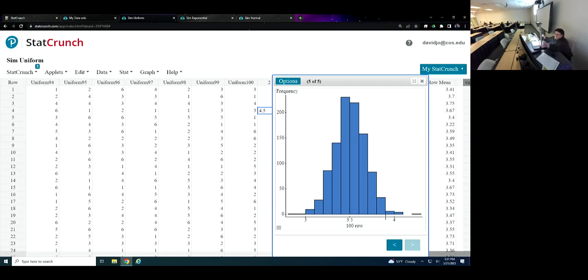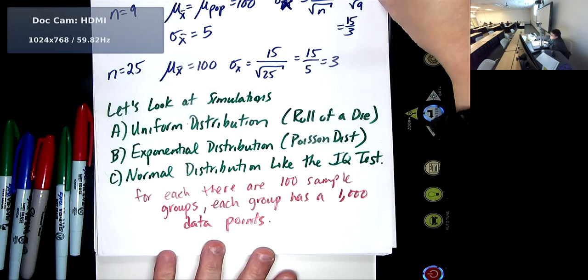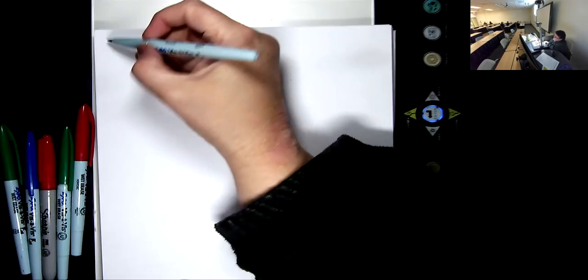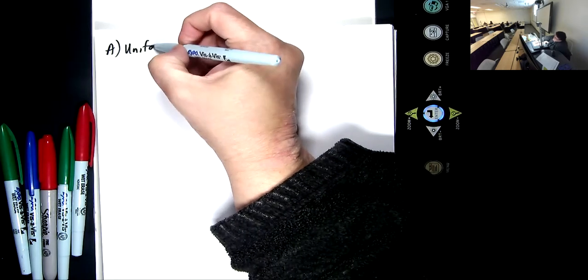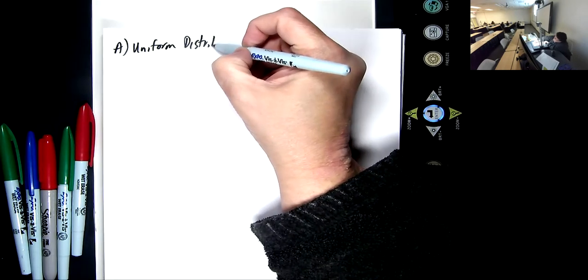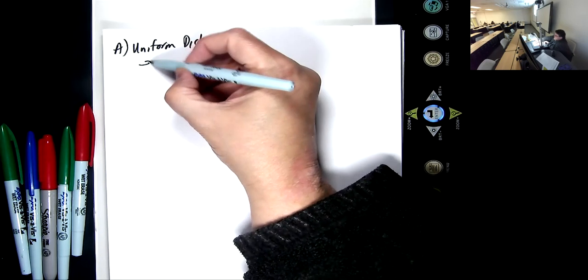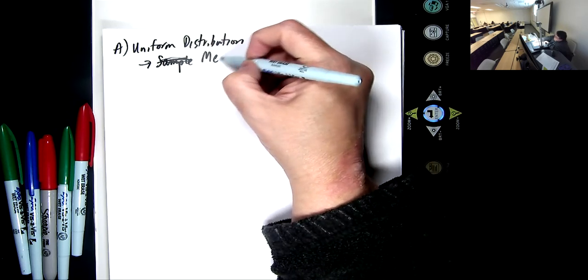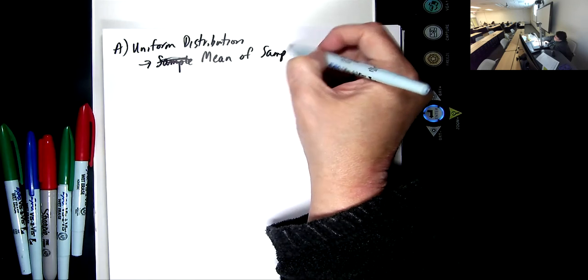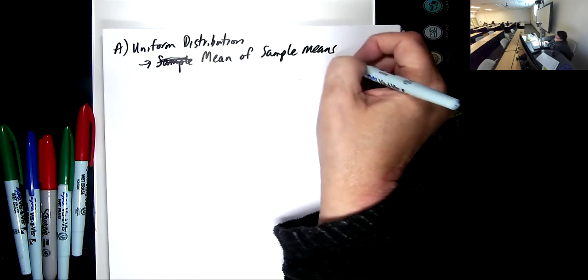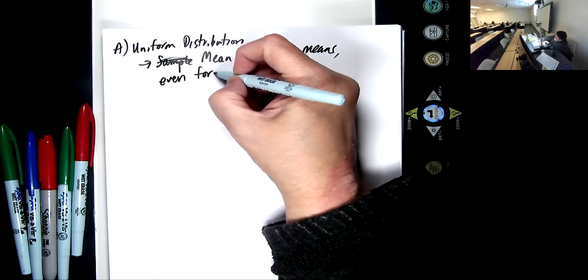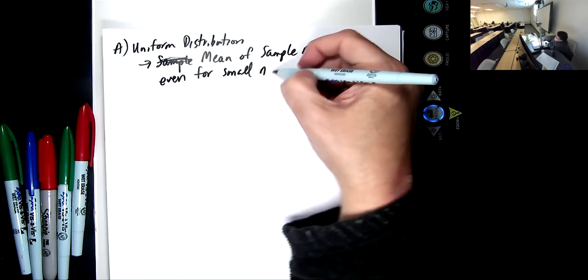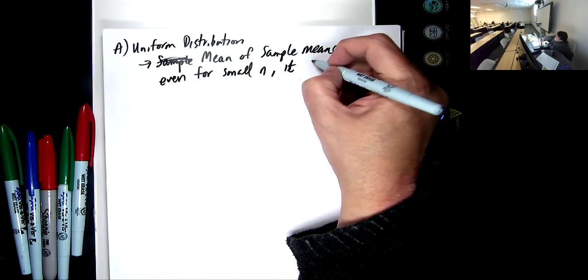So the shape of the distribution: the uniform distribution, this was the first we did, was A, the uniform distribution. When we did the sample of the sample means, or the mean, I'm sorry, the mean of sample means, even for small n, it looked like a bell shape.